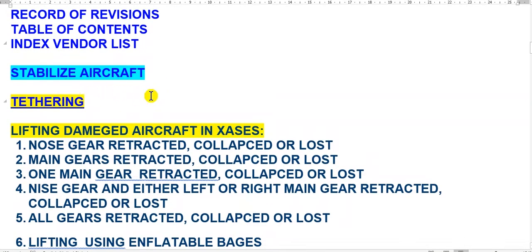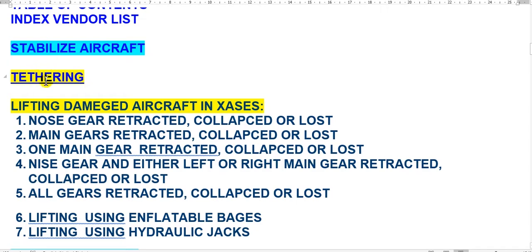When we go to clear or take the aircraft from the runway, you need to stabilize the aircraft. Tethering means attaching ropes to keep the aircraft from moving right or left, forward or back.